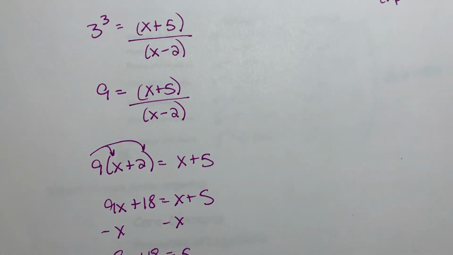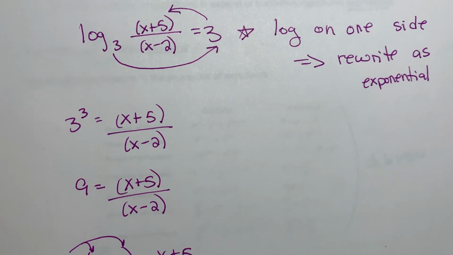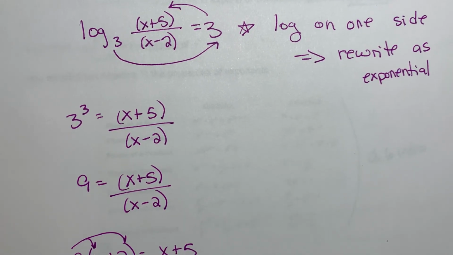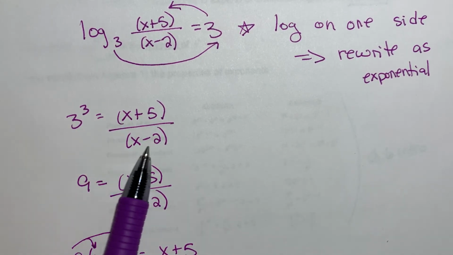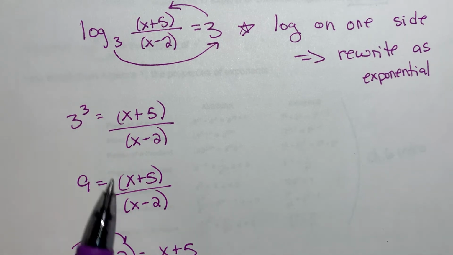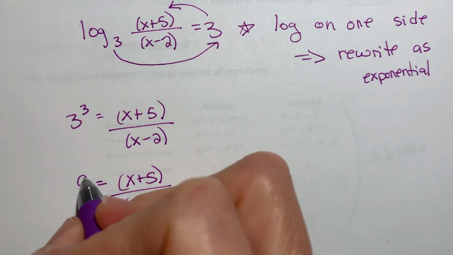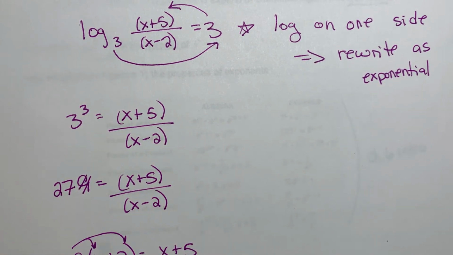Hopefully you tried it, but this is a kind of long problem, so I'm going to show my steps here. This is my rewrite. Oh, shoot, I made a mistake on here. 3 to the third is 27.